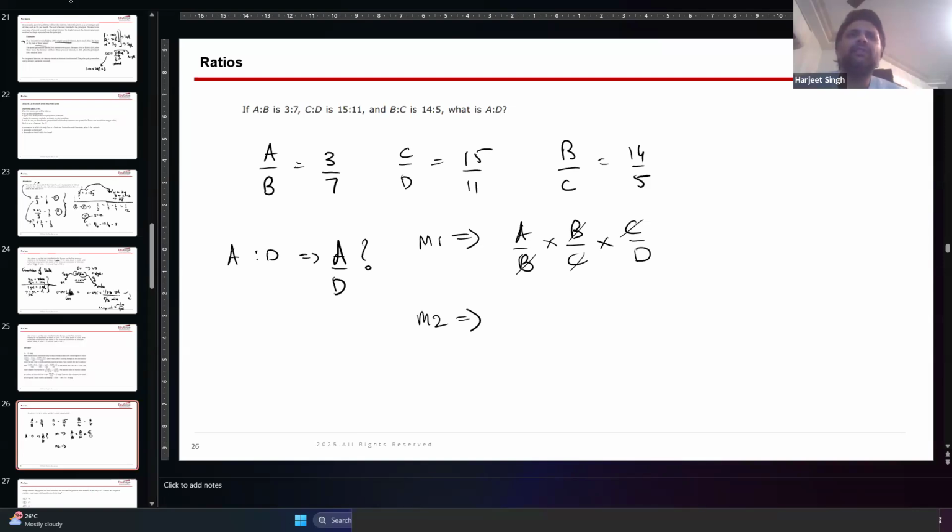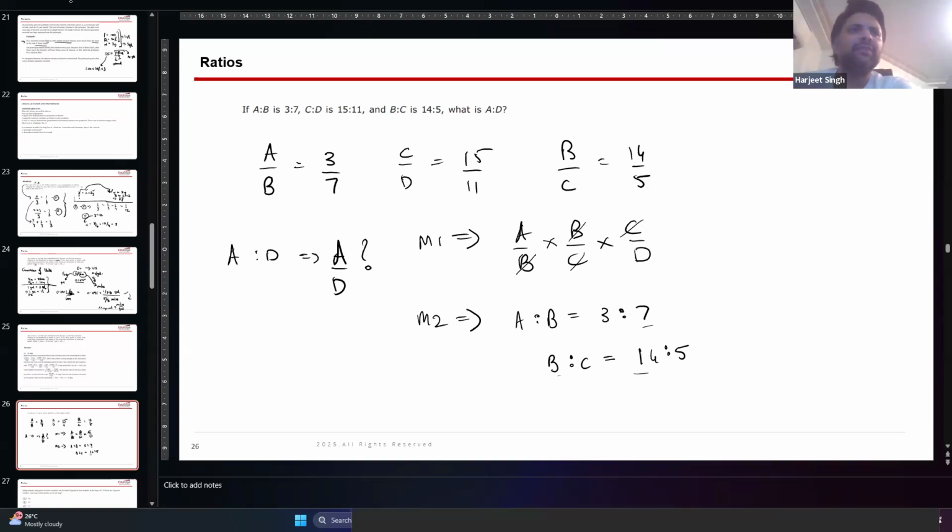Method 2 is A is to B is 3 is to 7 and B is to C is 14 is to 5, right? So to make this equivalent, can I say your B is 14 and your B is 7 in the other ratio?